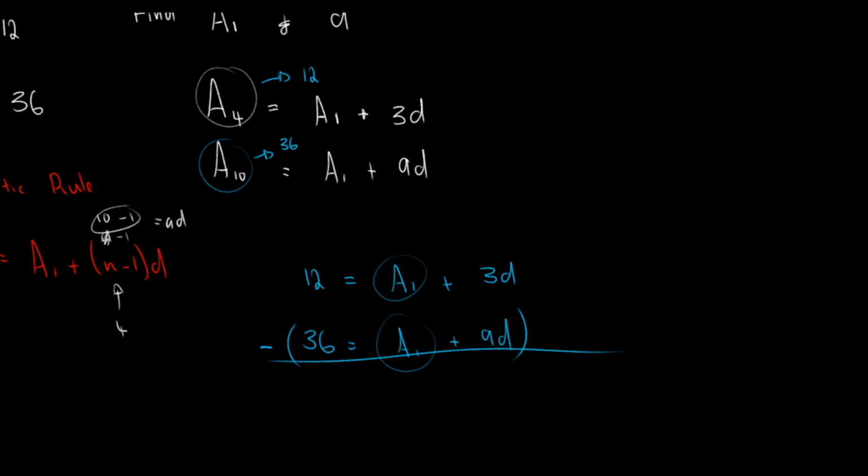So A1 minus A1 is equal to 0. Let's do it on this side. Well, 12 minus 36 gives me negative 24. A1 minus A1 is 0, and then 3 minus 9 gives me negative 6d.